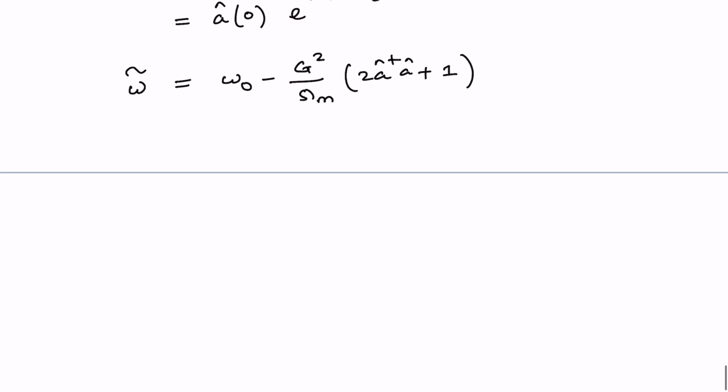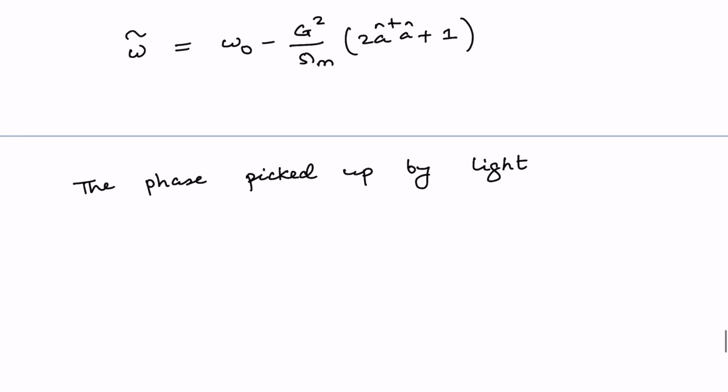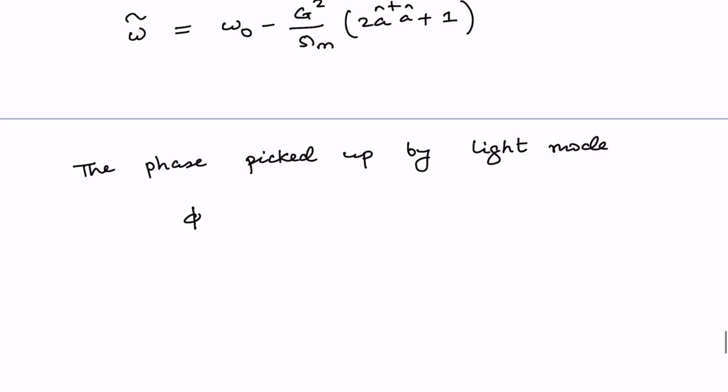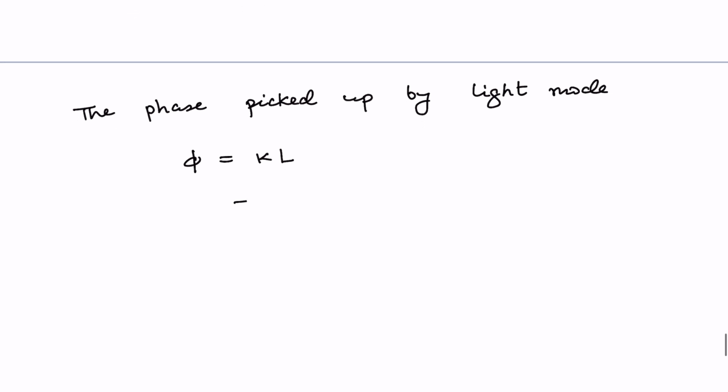Now what it means, you can make it out from this equation, is that the phase picked up by the light mode is equal to the propagation constant k into L. L is the length of the cavity, and k is equal to omega tilde by c, as you know, into the refractive index of the medium, which we generally take to be 1.